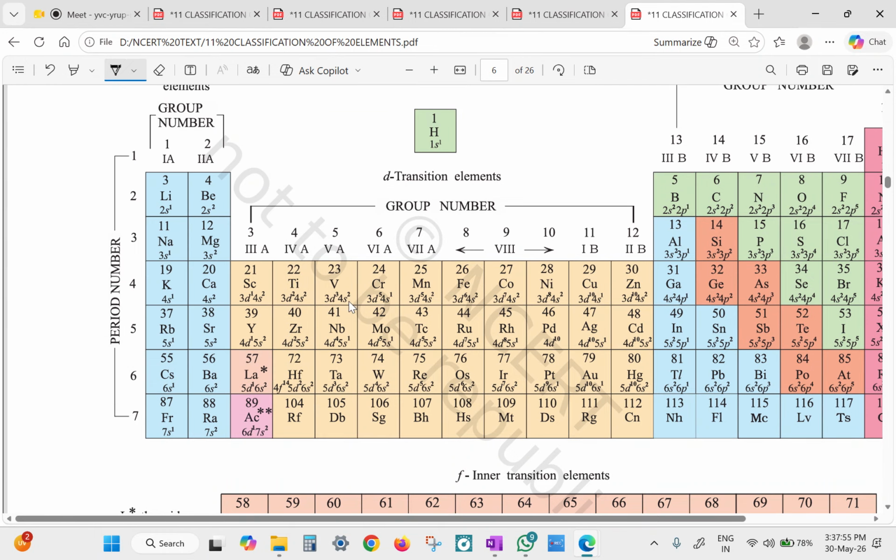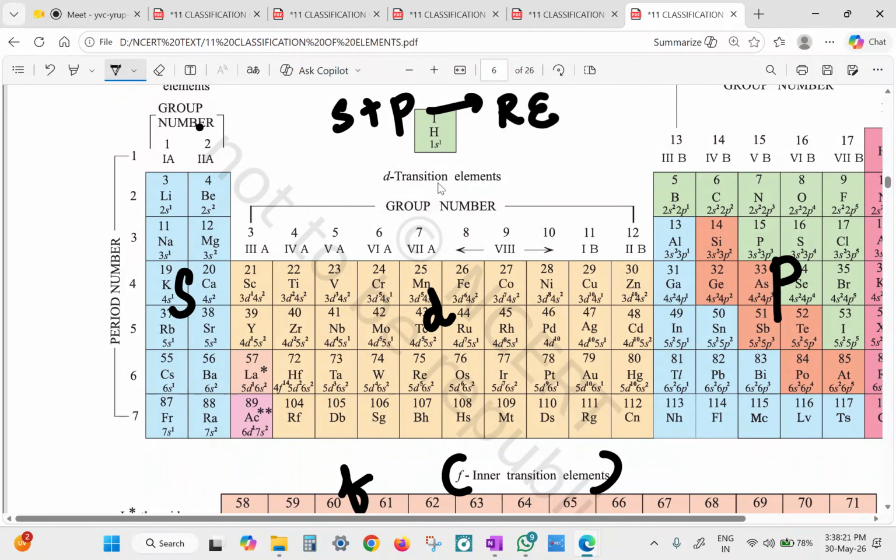Here only S gets filled. Here only P gets filled; the outermost electrons are going to P. Here the electrons go into F, so these are called F block elements, or inner transition elements. S block and P block together are called representative elements. The D block we also call transition elements.